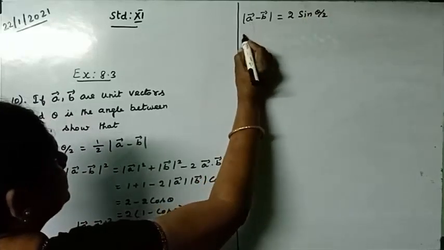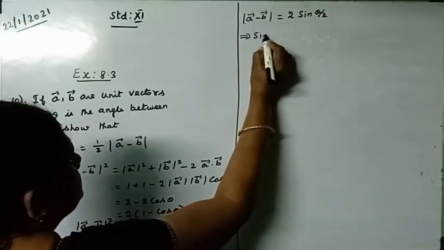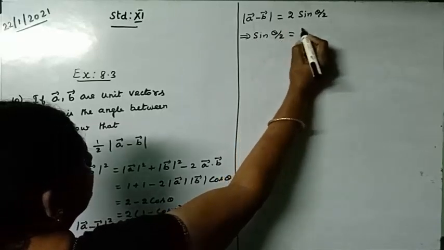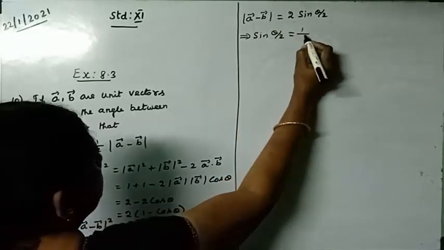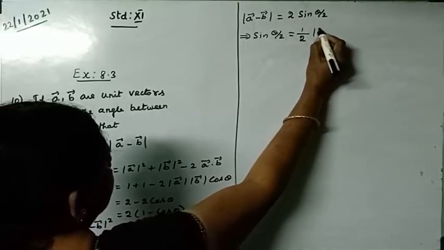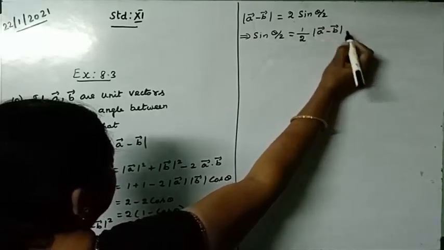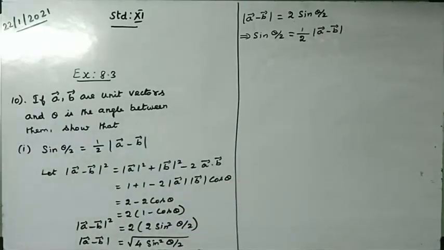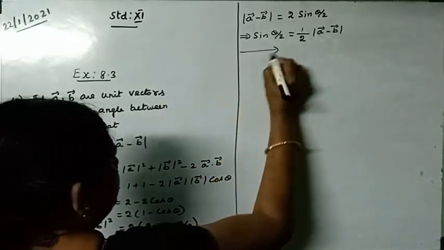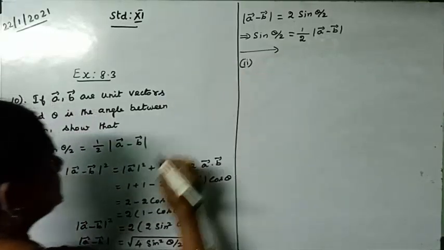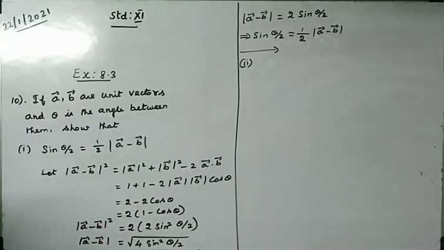Bringing the 2 to this side, sin theta by 2 is equal to 1 by 2 modulus of A vector minus B vector. Hence proven.